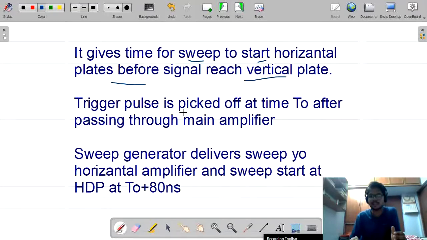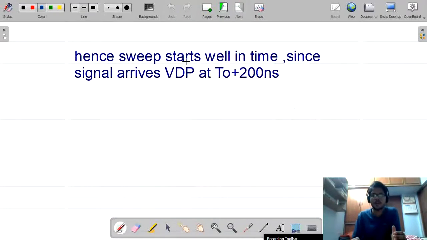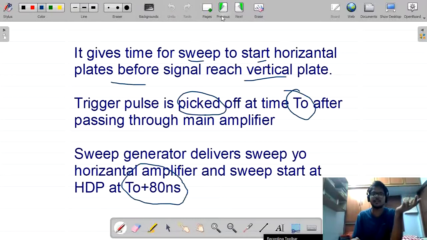The trigger pulse is picked. Assume it is picked at the time T0 and passes through the main amplifier. The whole horizontal deflection will take a time of T0 plus 80 nanoseconds. And due to the delay line, the vertical deflection plate will take a time of T0 plus 200 nanoseconds.